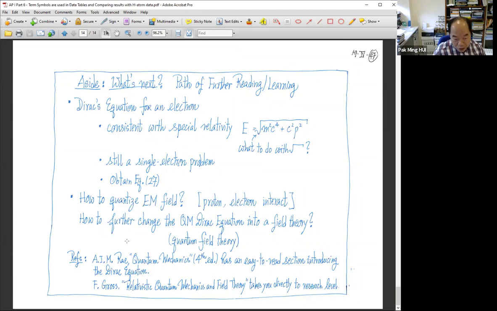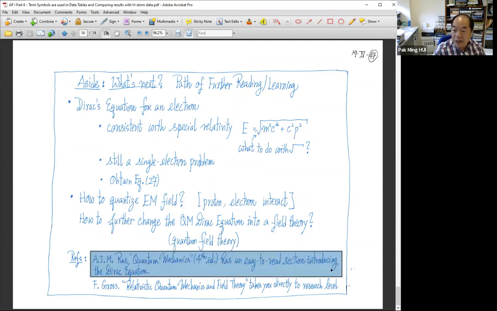For the Dirac equation, there is a very short chapter in this quantum mechanics book that provides a very readable introduction. I think only 10 pages or so.